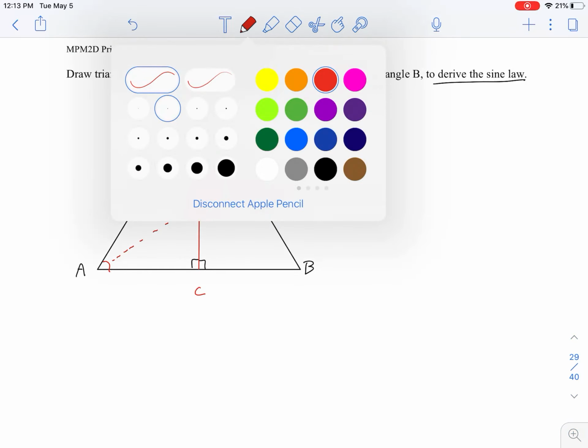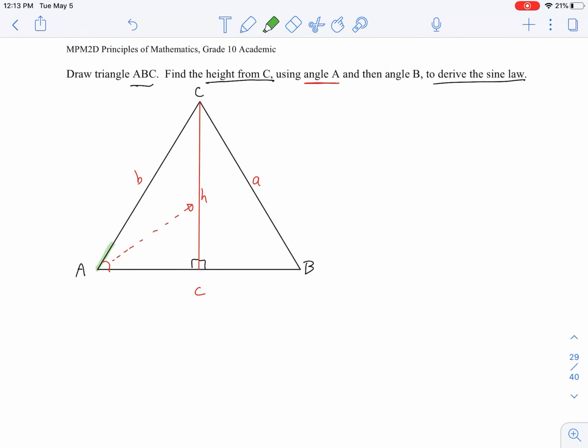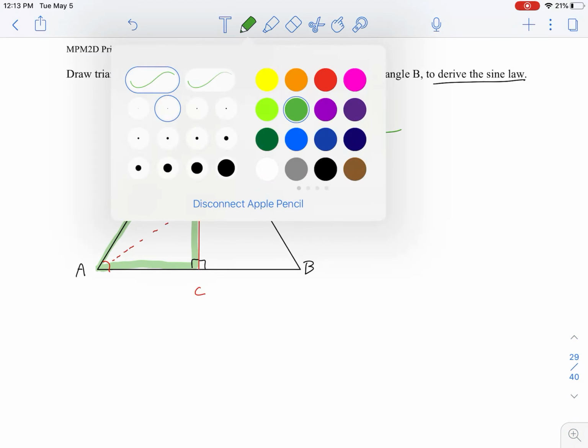So first thing I'm going to take a look at is this green triangle. I'll highlight it there just so you know exactly what I'm looking at. So that green triangle, using angle A, we can use the sine ratio, or SO in SOHCAHTOA, because we have the opposite and we have the hypotenuse.